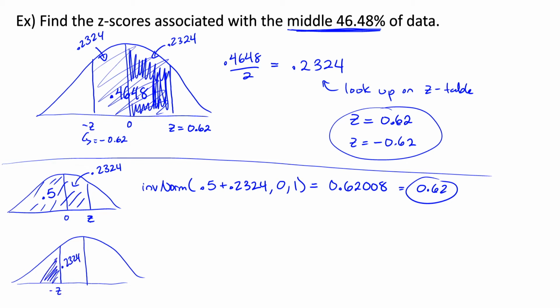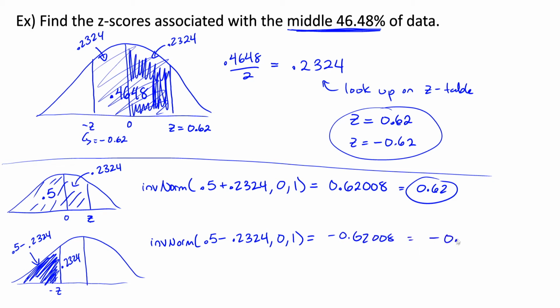The calculator would need to know what this piece of area is over here because this is the area to the left. So this piece is 0.5 minus 0.2324. So what we put into our calculator is inverse normal, 0.5 minus 0.2324, 0, 1, and we end up getting negative 0.62008 or negative 0.62. So these are our two z-scores.